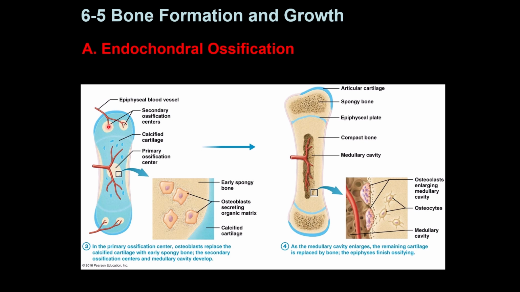Also, the same idea happens in the epiphysis. So blood vessels come here. These are the secondary ossification centers. So bones also form here, and then it's ossified. And finally, the periphery of the diaphysis becomes thicker, and this is making the compact bone. Inside, some changes will happen because of the osteoclast activity.